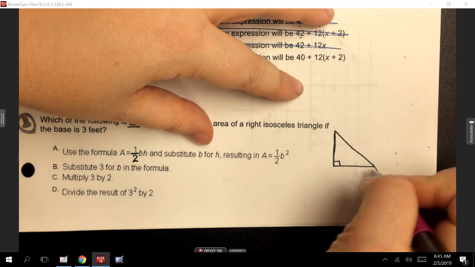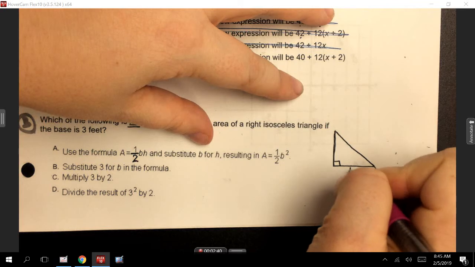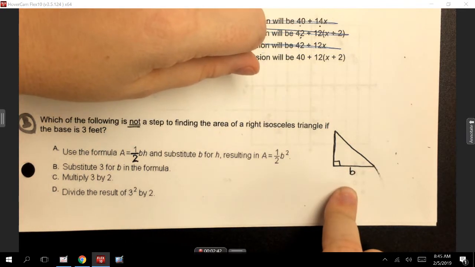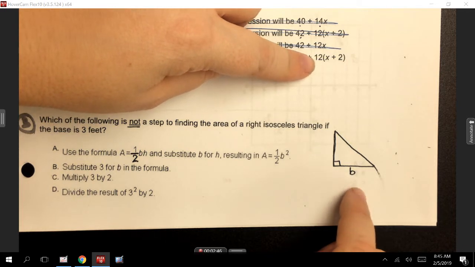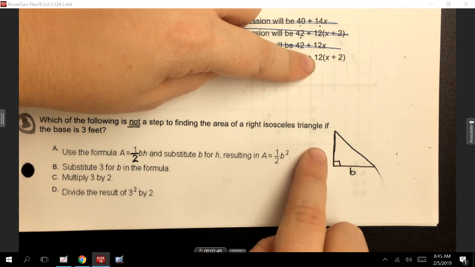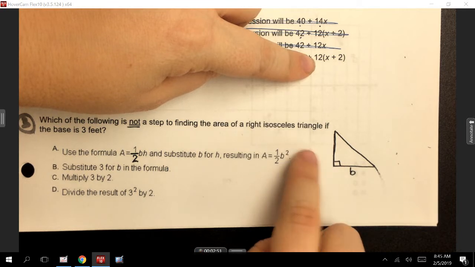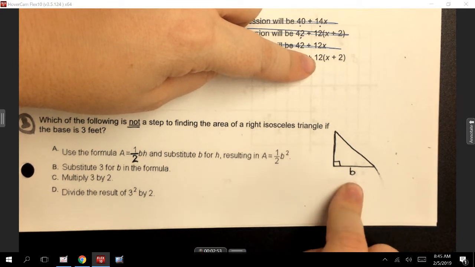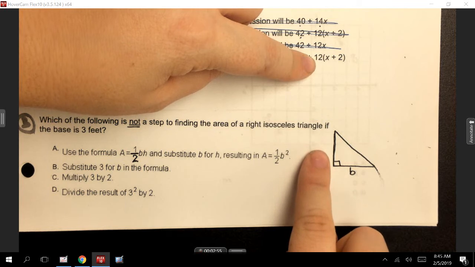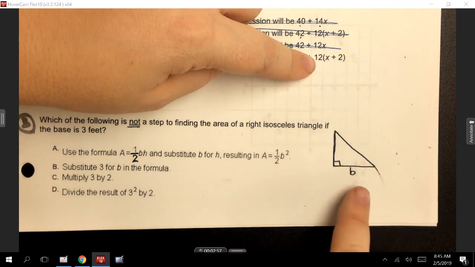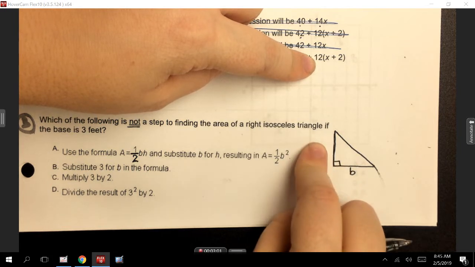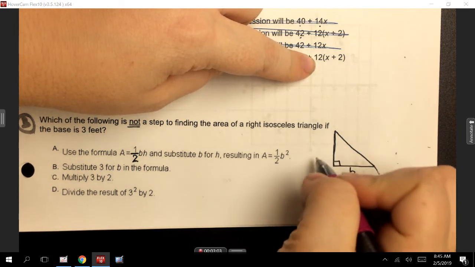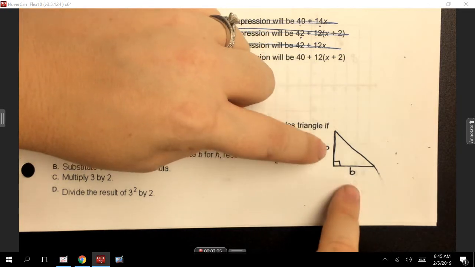So guys, I want us to think about this triangle real quick. If this bottom line is B, let's say that base was 7. If the base was 7, what would my height be? 7, because it's isosceles, they're matching, right? If my base was 29, what would my height be? 29. So would you agree if my base is B, my height I could also label as B because they're the same?